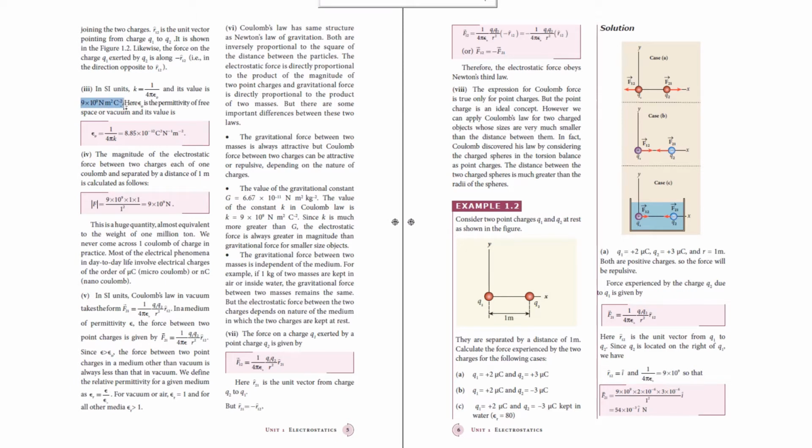And what is its unit? Newton meter square per Coulomb square. Here what is this epsilon naught? This epsilon naught is the permittivity of free space or vacuum, and the value of epsilon naught is 8.85 into 10 raised to minus 12 Coulomb square per Newton per meter square.